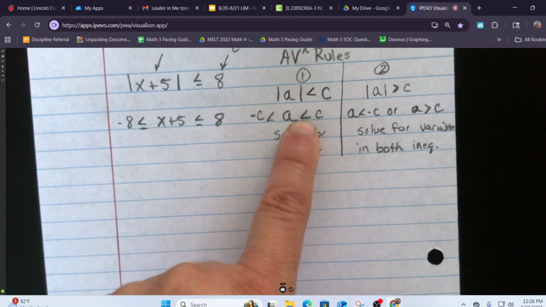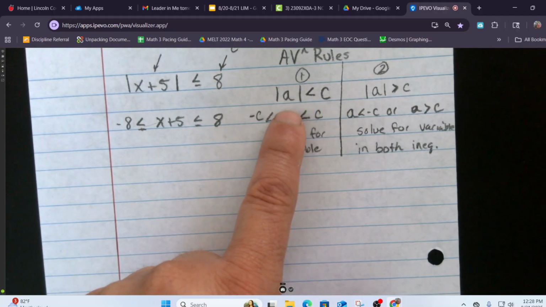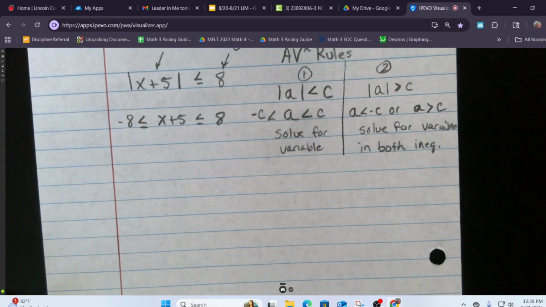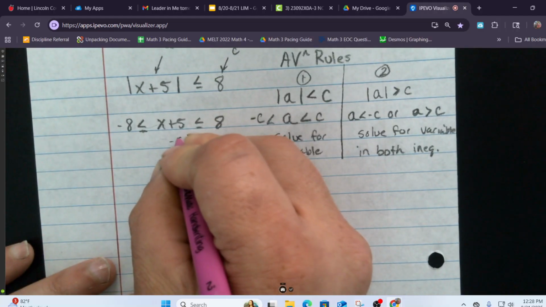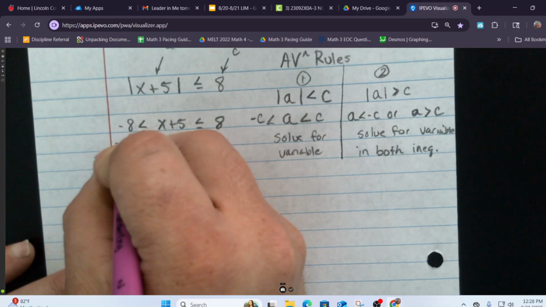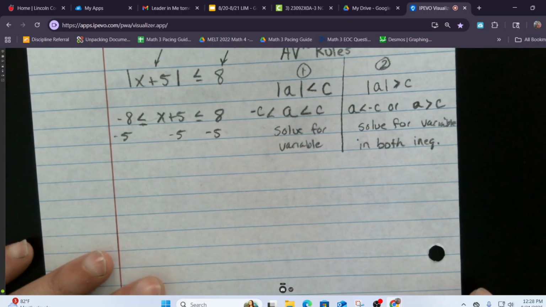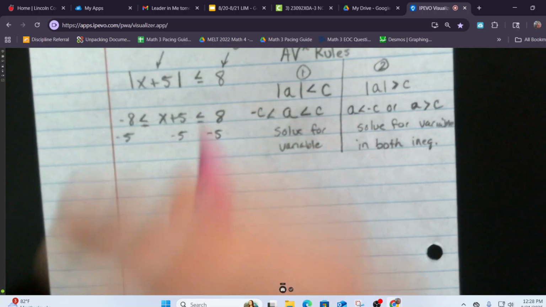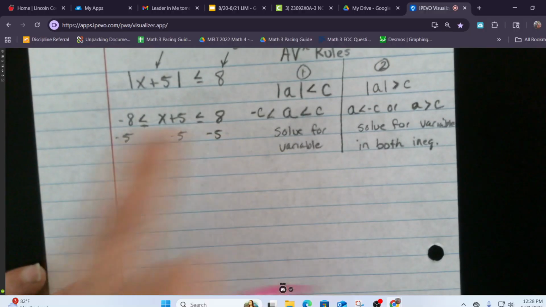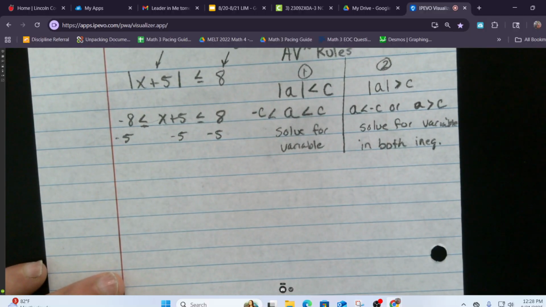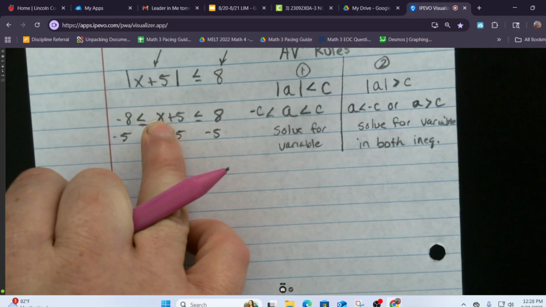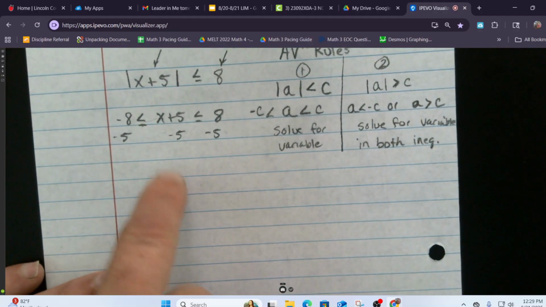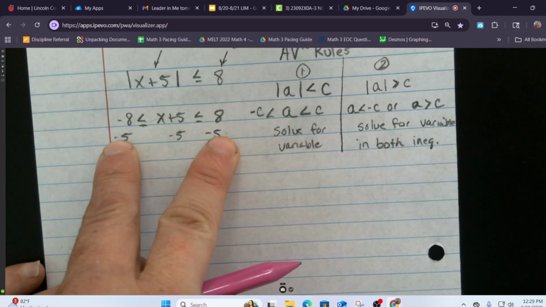You should be able to correlate these two right here, because those are just the same thing. And then of course you'll subtract. In this case, subtract 5 in 3 places. Don't forget, guys, you will do the operation that you have to do in the middle in 3 different places. In the middle and both sides. Okay?